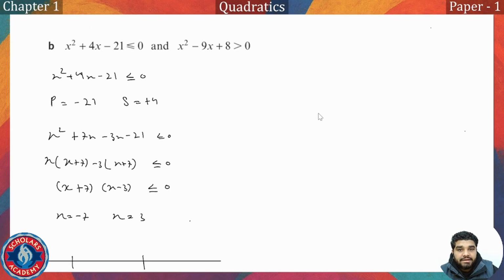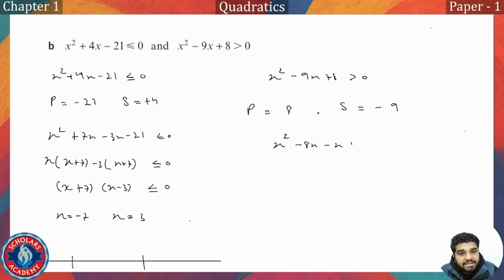For the second inequality, what we are getting is x square minus 9x plus 8 is greater than 0. So the product over here is 8, and the sum is equal to negative 9. If we split this middle term, we get x square minus 8x minus x plus 8 is greater than 0. I take x common, x minus 8.